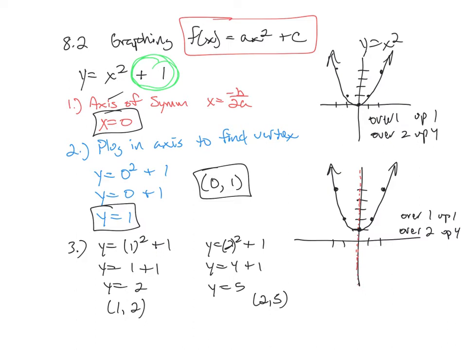Same as yesterday, we're just going to have these pluses and minuses at the end. Like on this one, it was up 1, and that came from that 1 at the end. The plus 1 at the end meant the graph went up 1, and it went up 1. It's like the plus 1 that's on the outside. This one doesn't have one, but it would be like the one in the front.